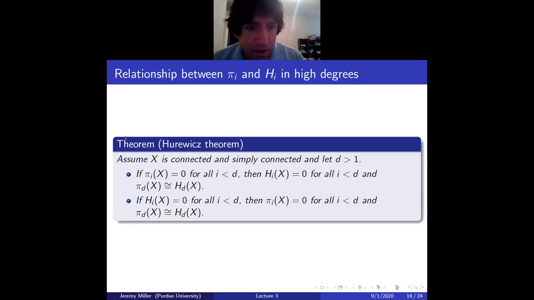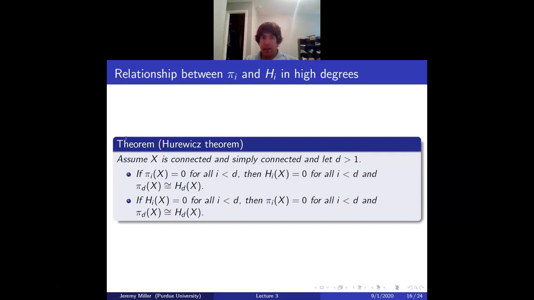And similarly in the other direction, if the homology groups all vanish for i less than d, then the homotopy groups vanish for i less than d, and in degree d they agree.